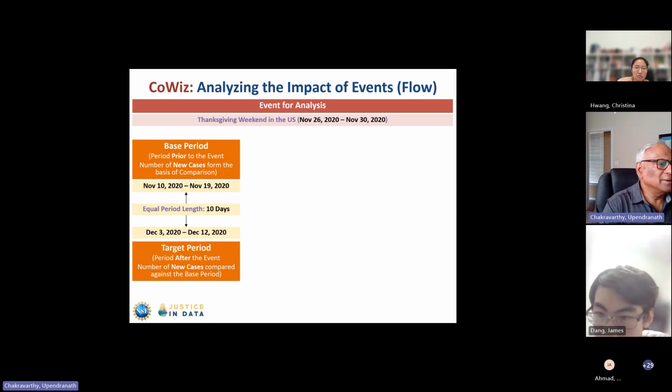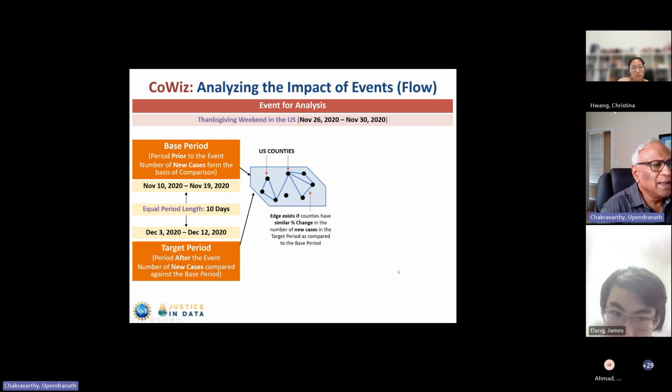So this is how we formulated it, and we also formulated it on counties. We used a research analysis methodology for this, which is typically not used, known as the multi-layer network. We represented each county as a node of a graph.